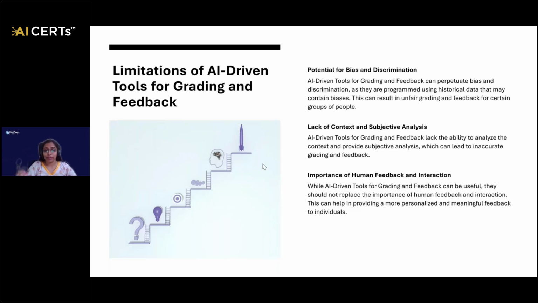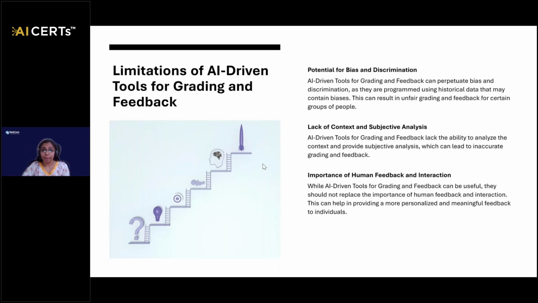But of course, human involvement comes with human touch. And that is really important when it comes to educator and student relationship. So this can help in providing a more personalized and meaningful feedback to individuals. So, of course, you can take advantage, you can take help from your AI driven tools, but don't forget to check the outliers.